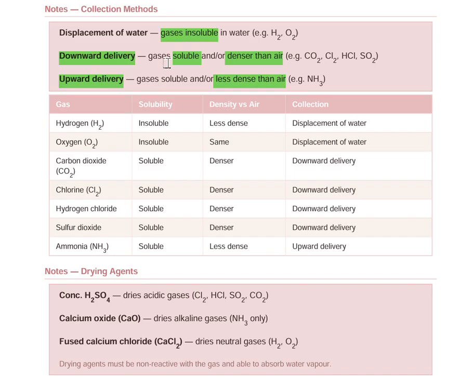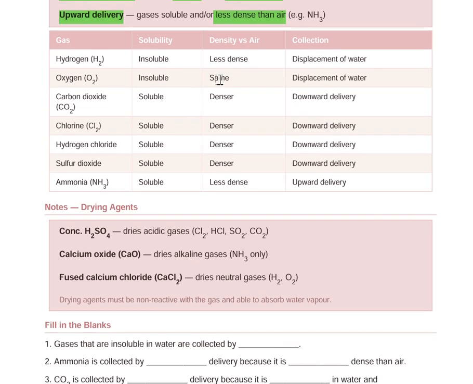As long as the word soluble is there, it usually has to do with one of the deliveries, to determine which one is denser. Then displacement of water is used as long as the gas is insoluble, or in water, or both. These are the basic things you should know. I think pure science has more, but I'm not taking pure science, so I have no idea.